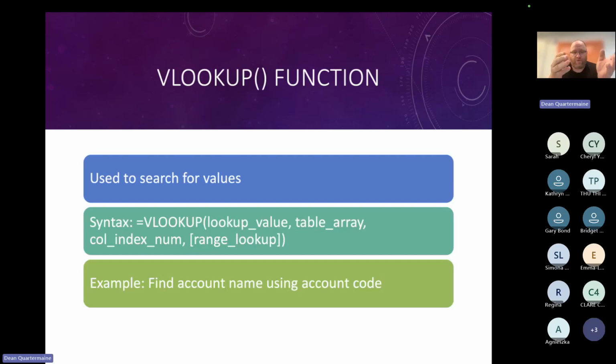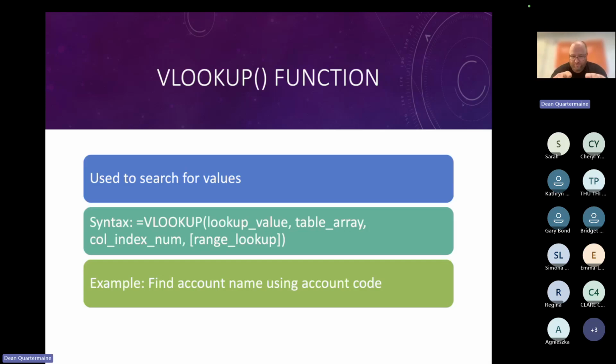So we'd have the lookup value, our account code; the table, with the account codes, the account names, and lots of other details; column number 2; and then this range lookup.